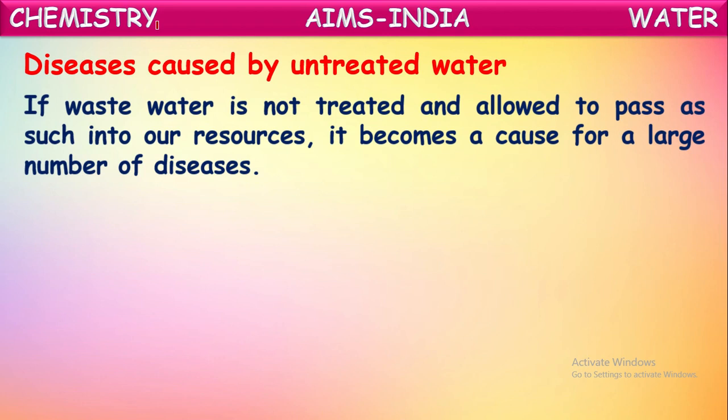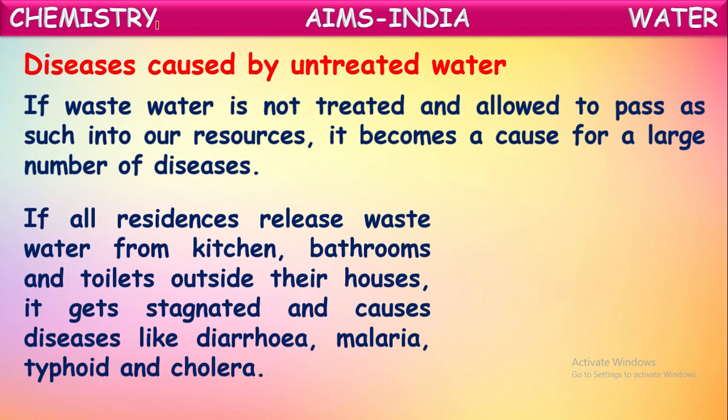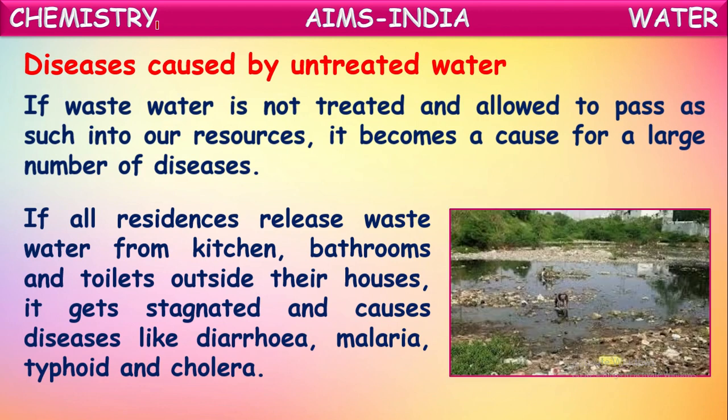If all residents release wastewater from kitchen, bathrooms, and toilets outside their houses, it gets stagnated and causes diseases like diarrhea, malaria, typhoid, and cholera. So these all diseases are caused by this stagnated, untreated water. Okay, so we should not leave this water to stagnate in our surroundings.